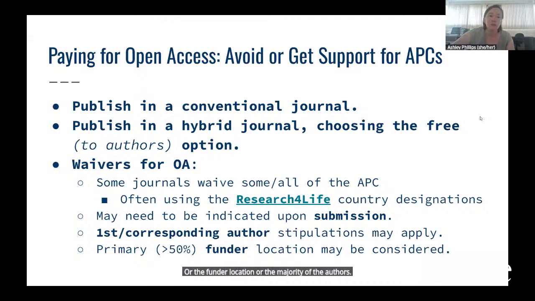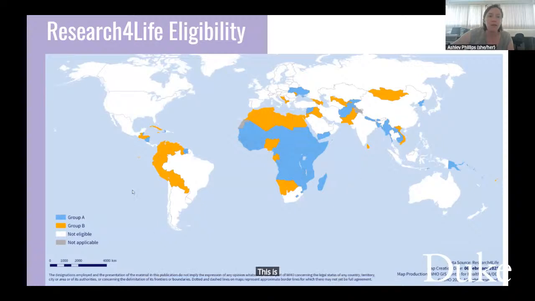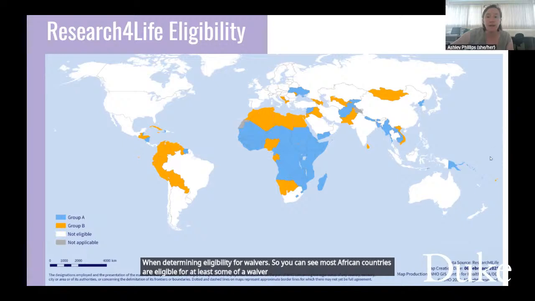So you just have to look through, because each journal is a little bit different. This is one criteria that a lot of journals use when determining eligibility for waivers. So you can see, most African countries are eligible for at least some of a waiver, a lot of Latin American areas, but it varies, and this does get updated over time.